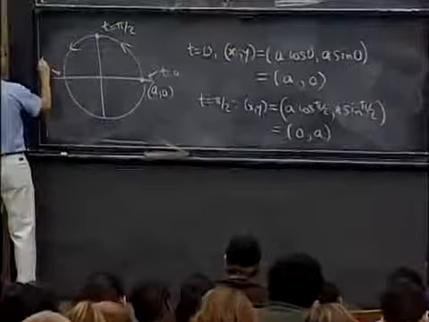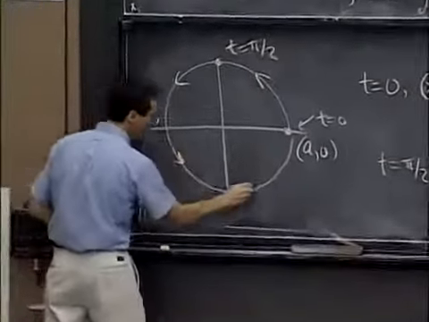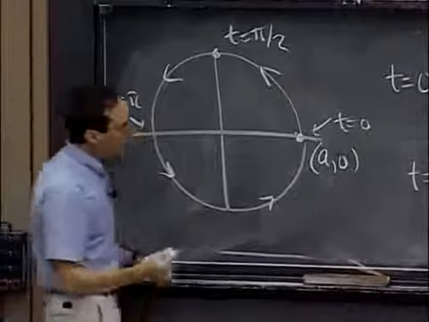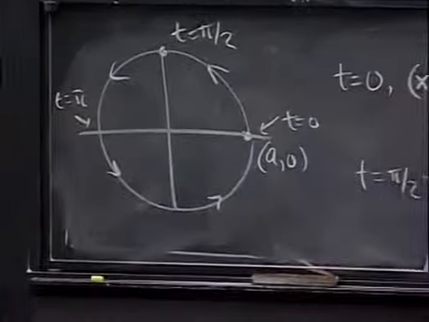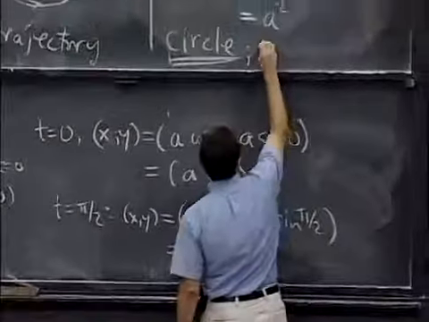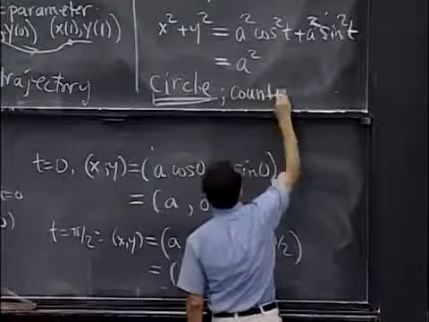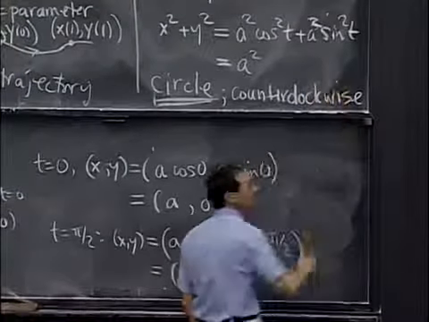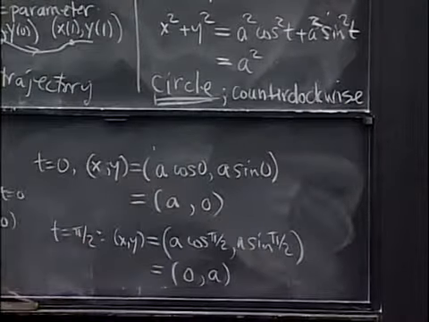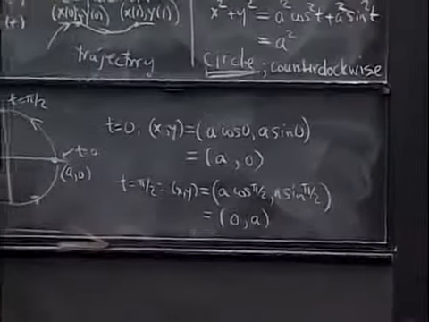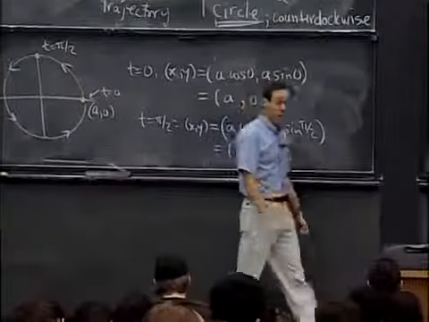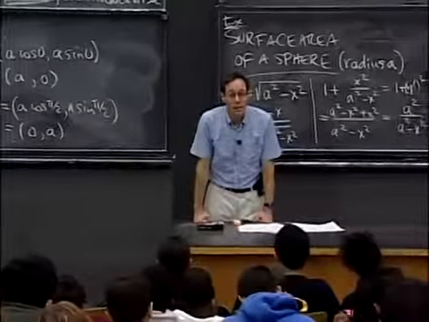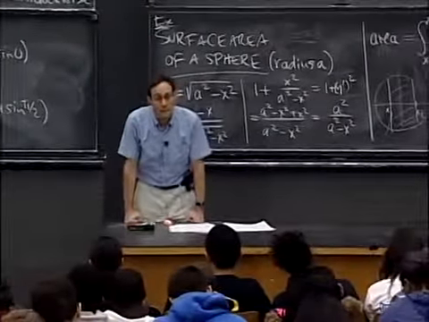In fact, this turns out to be t equals pi, etc., and it repeats at t equals 2 pi. All right, so the other feature that we have, which is a qualitative feature, is that it's counterclockwise. Now the last little bit is going to be keeping track of the arc length, and we'll do that next time.